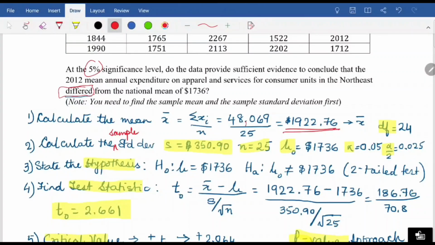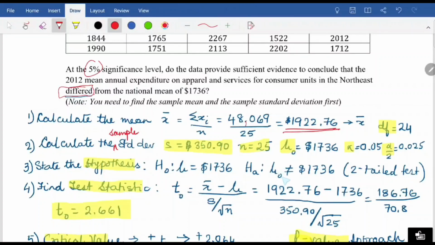All right, so let's state the hypothesis. That's the first step of any hypothesis test. Null hypothesis: mu equals 1736. Again, I want to remind you that the null hypothesis must always have an equal sign in it, and it should always be stated in terms of the population notation. It's going to be the population mean equals 1736. I should not have an X bar. We always state the hypothesis in terms of the population.